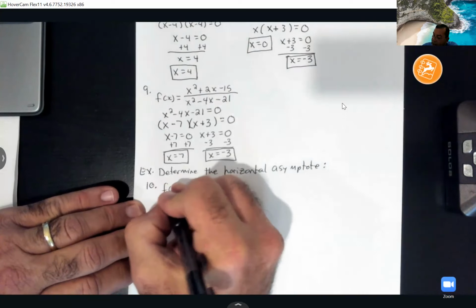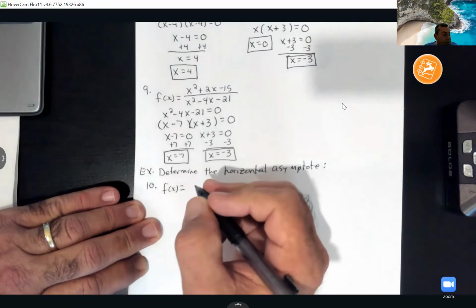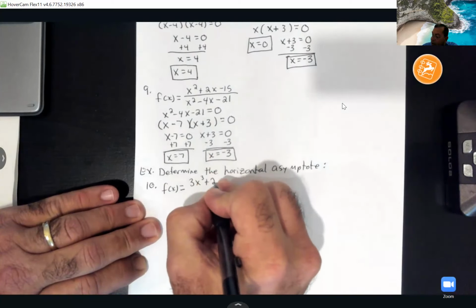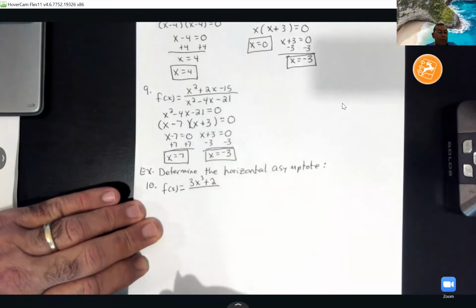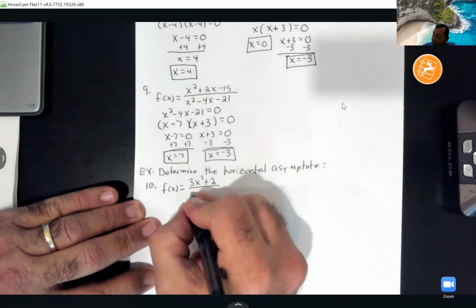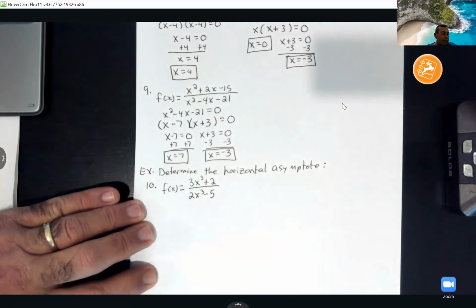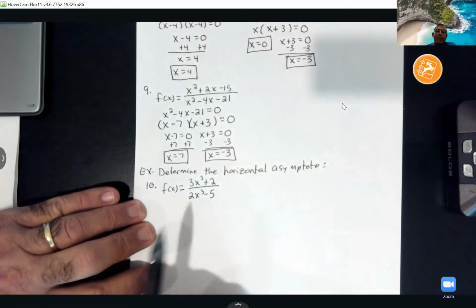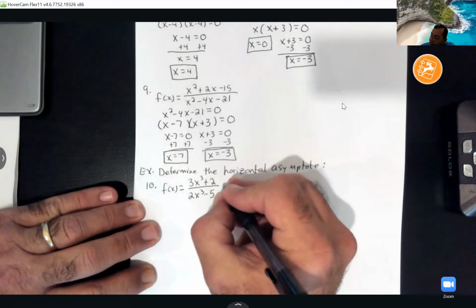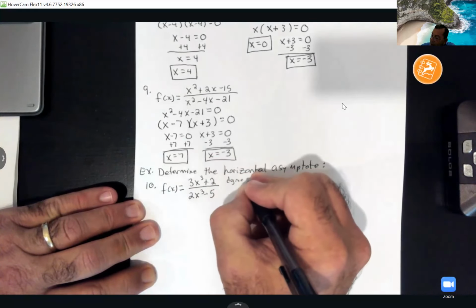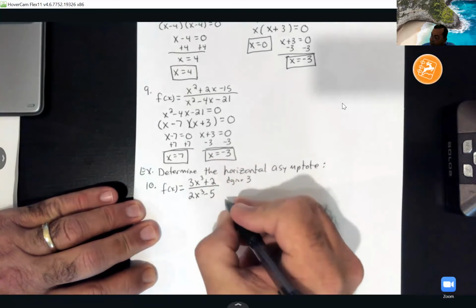We're given f of x equals 3x to the third plus 2 over 2x to the third minus 5. So the first thing I look at is my degree. My degree on top is 3.